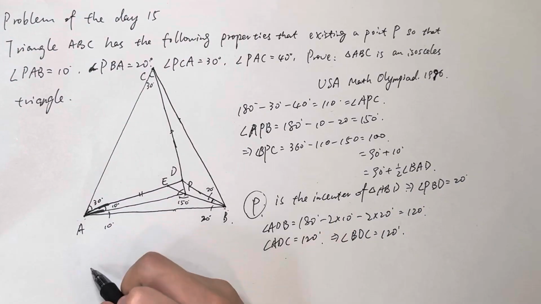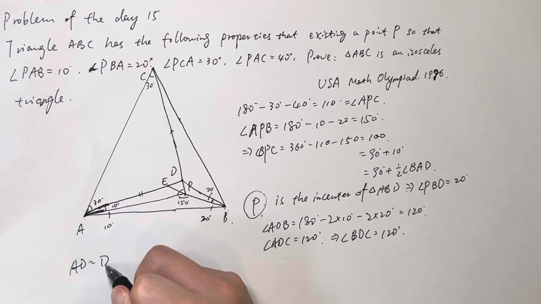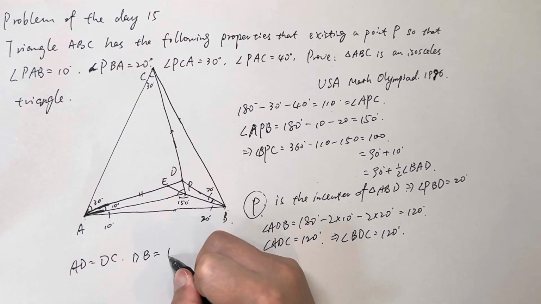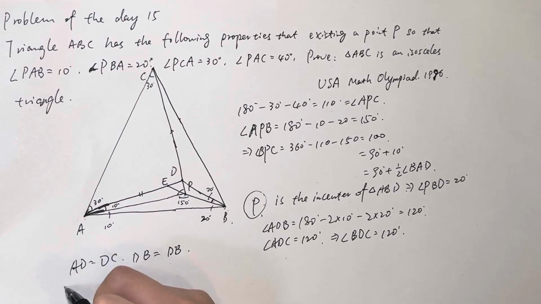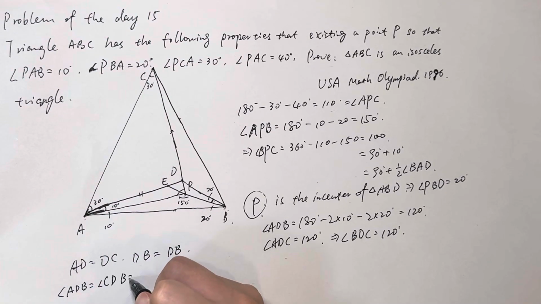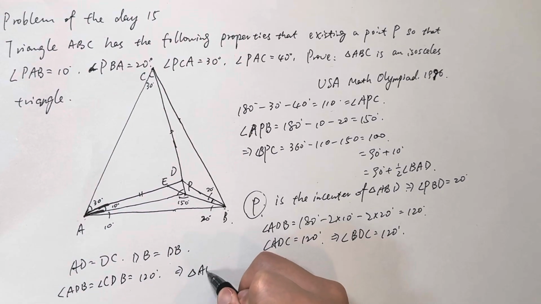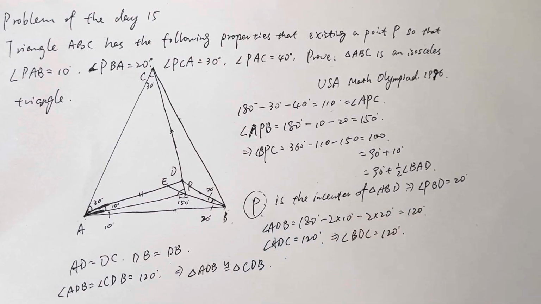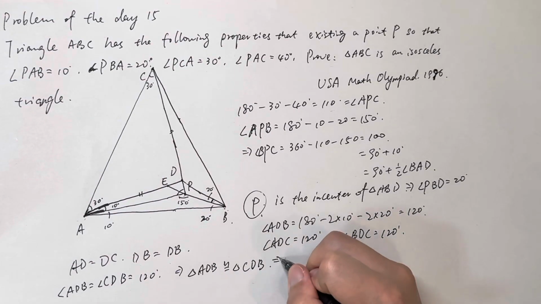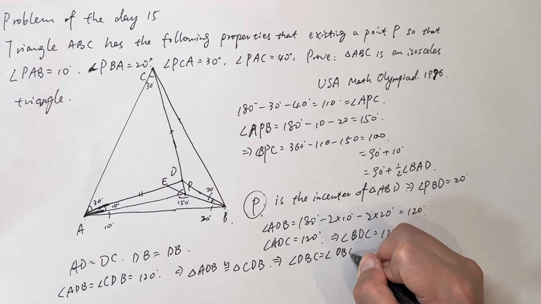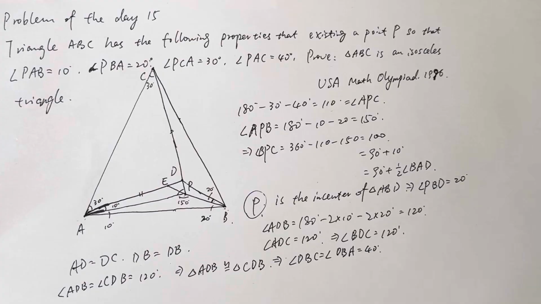Okay, now we can see, we know AD equals to DC. And we know DB equals to DB. And also angle ADB equals to angle CDB equals to 120 degrees. Which means triangle ADB is congruent to triangle CDB, right? Which means angle DBC equals to angle DBA equals to 40 degrees, right?